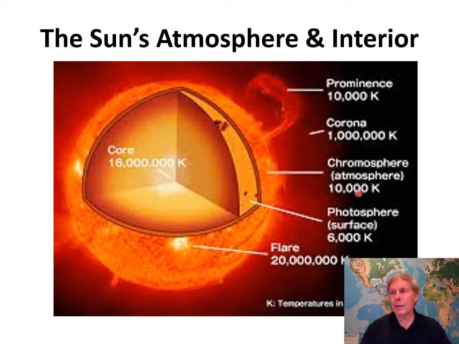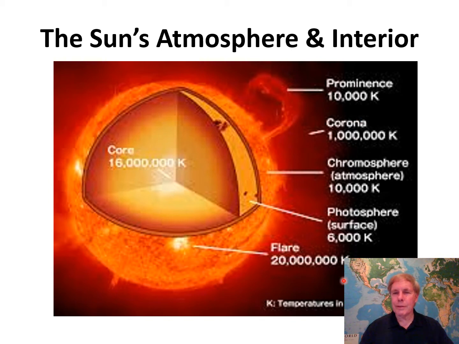This is a slightly higher layer that we can see also with the right filters in a telescope. It's basically a transition level from the 6,000 degrees of the photosphere up to the 1,000,000 degrees of the corona. The corona is the outer atmosphere. This temperature is still a mystery. It's not exactly obvious why the corona should be so hot.